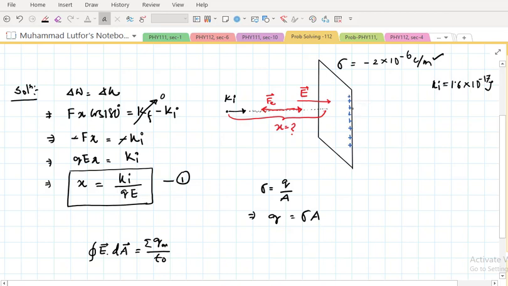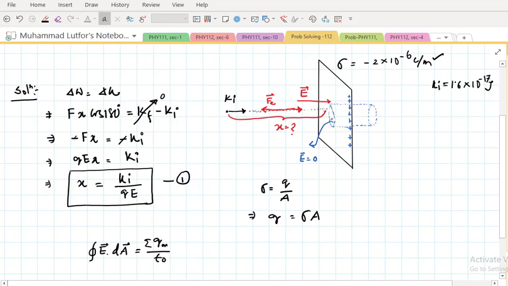So if you consider a closed Gaussian surface, say this is a closed Gaussian surface for this one, inside and outside, then the electric field inside, where there is no charge, must be equal to 0, right?